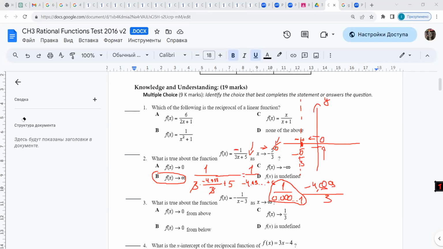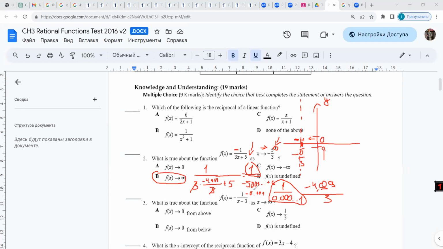If in the denominator, for example, you're asked to take some value from the negative side, from the left-hand side, you would take something like negative 5.001, for instance. Plus 5 would give you a small negative number like negative 0.001.